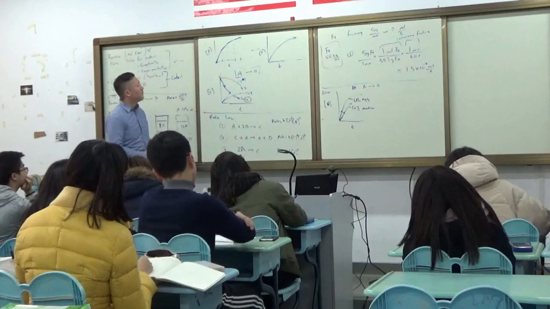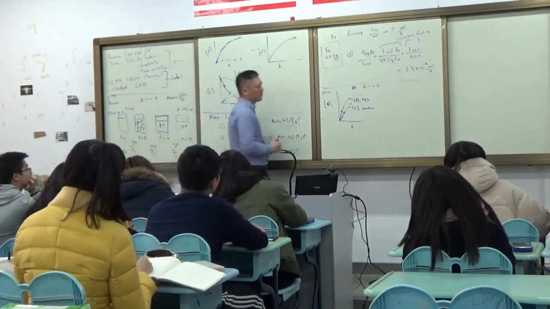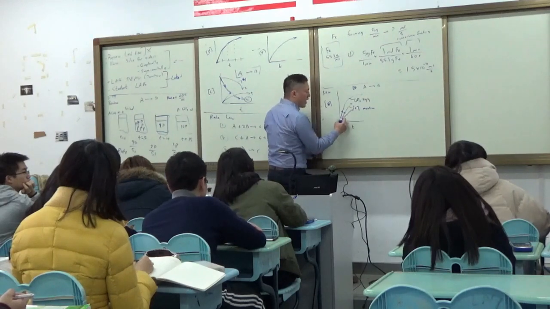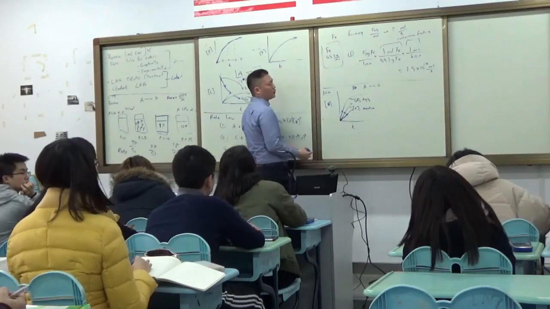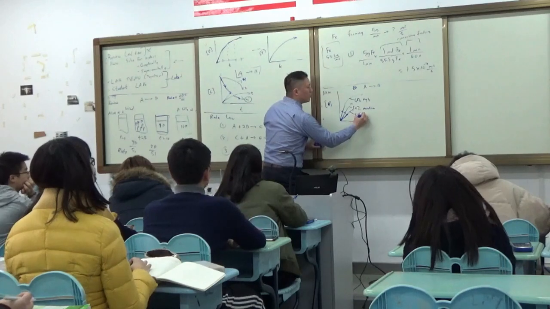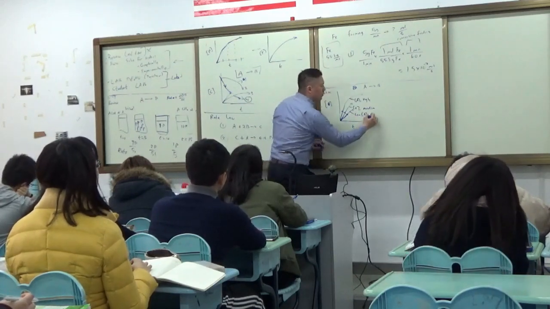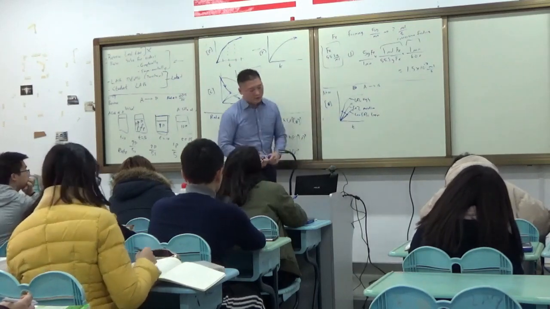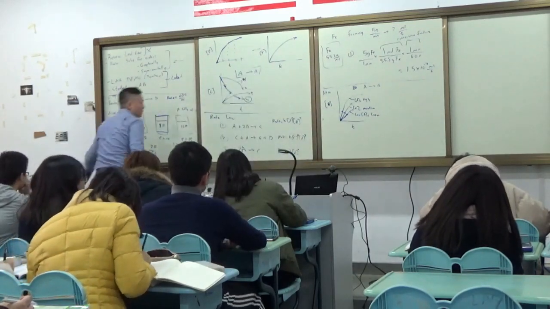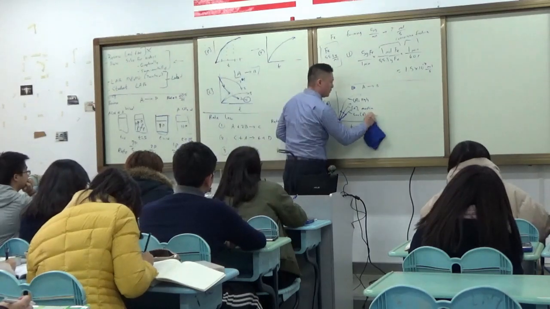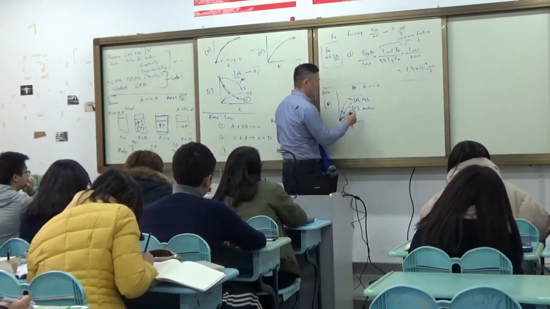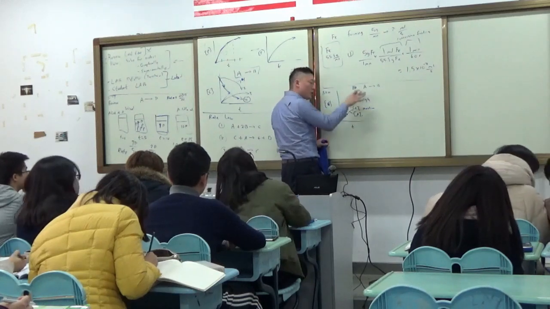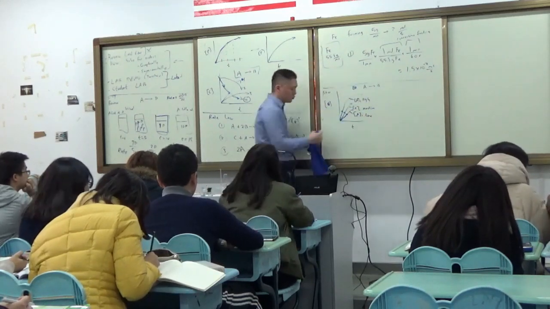If I use a low amount of reactant, then I will expect a lower initial rate of reaction also. Okay, so this is a low reactant concentration. I'm using a lower initial concentration of A here.